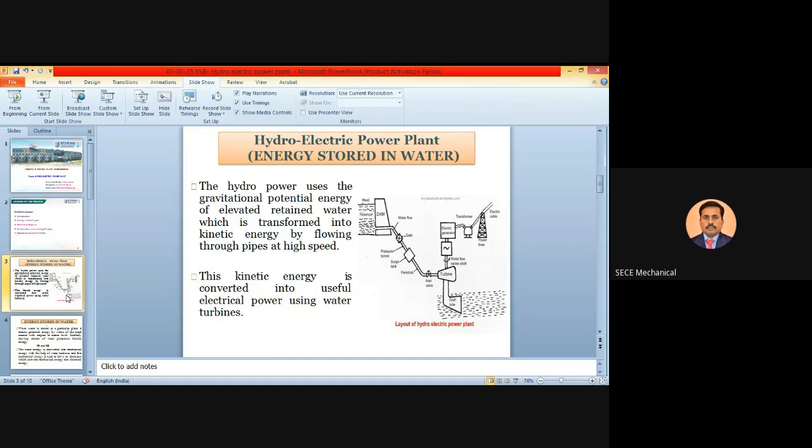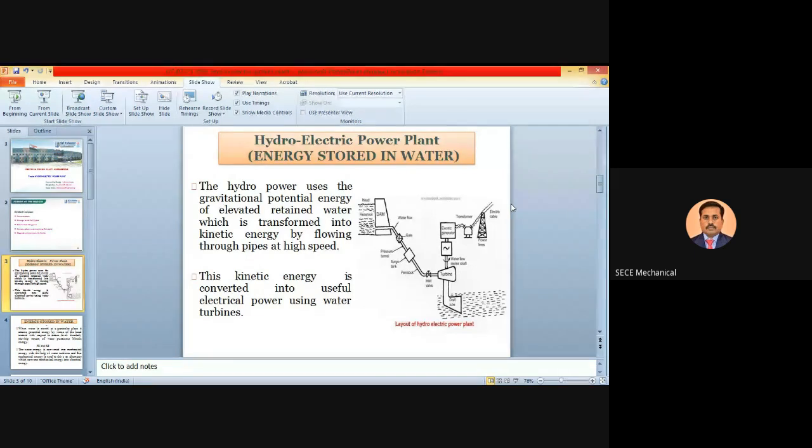After that, a turbine is used. With the help of the turbine, we convert the kinetic energy into mechanical energy, which is further converted into electrical energy with the help of an alternator. These are the basic energy conversion principles in the hydroelectric power plant.